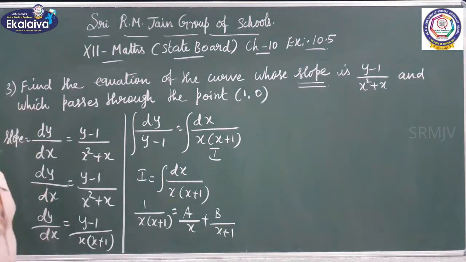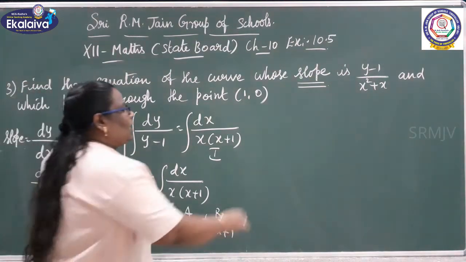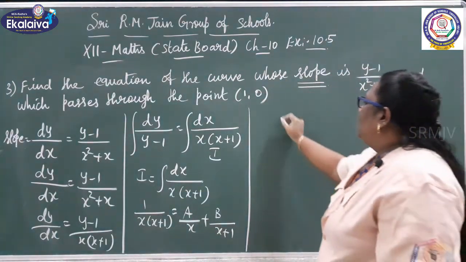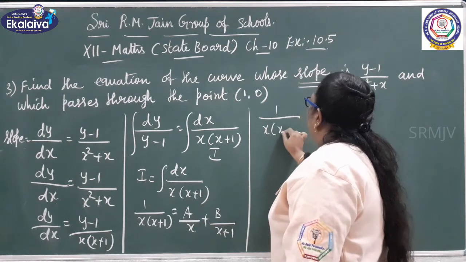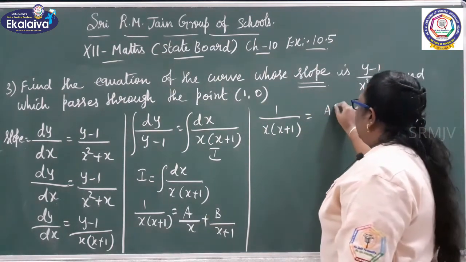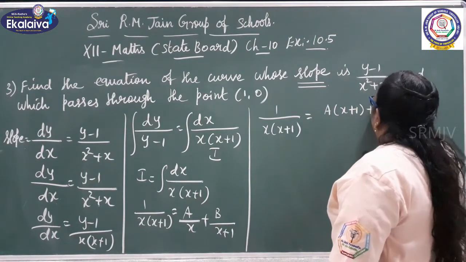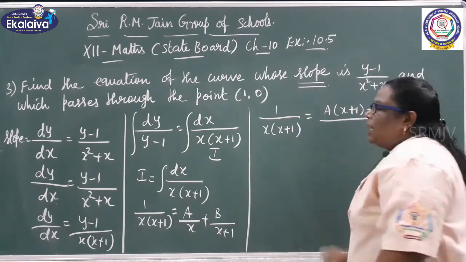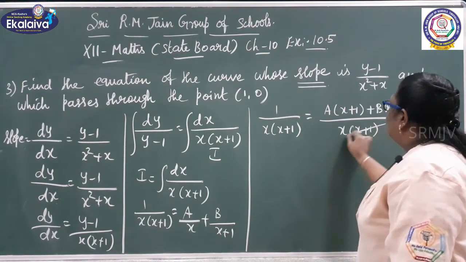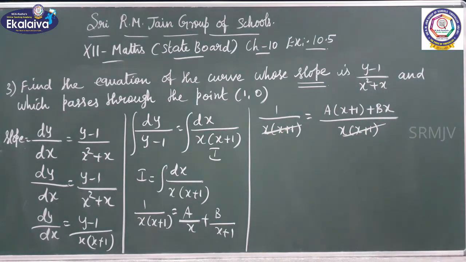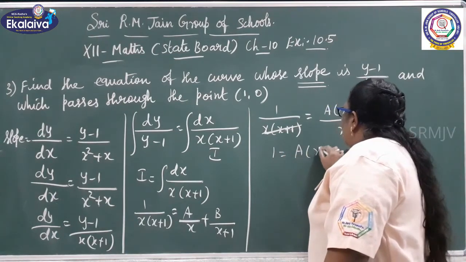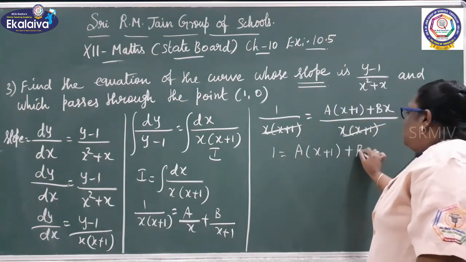By cross multiplication, 1 equals a into (x plus 1) plus b into x, since x into (x plus 1) gets cancelled on both sides.